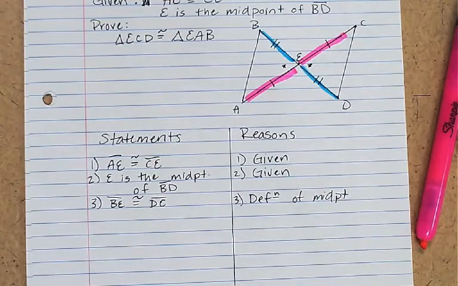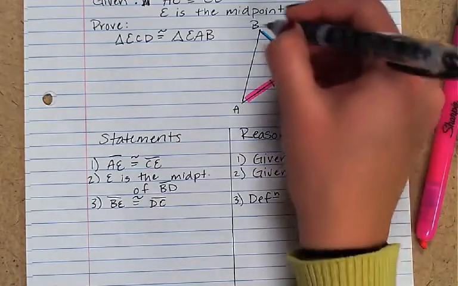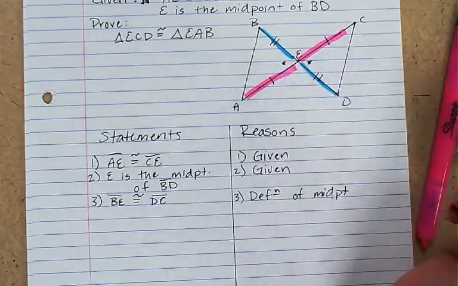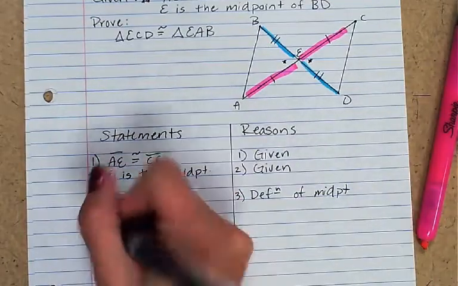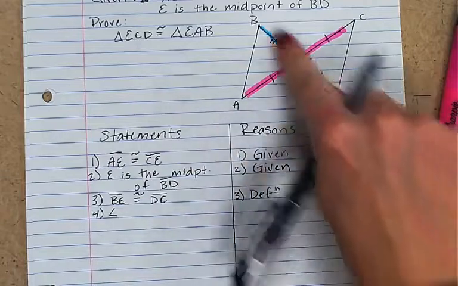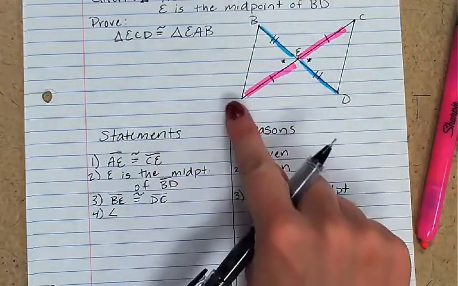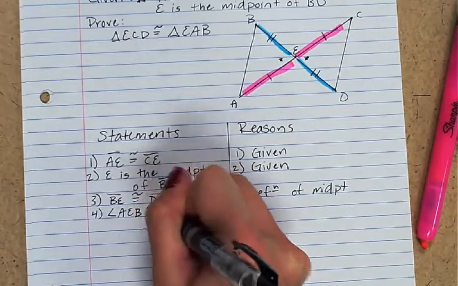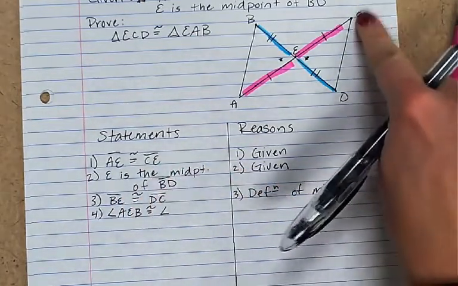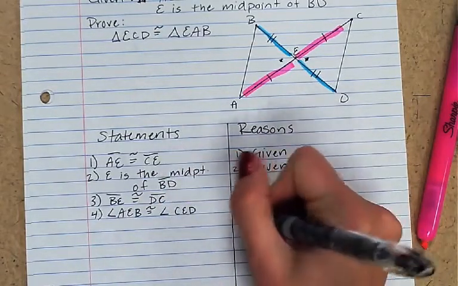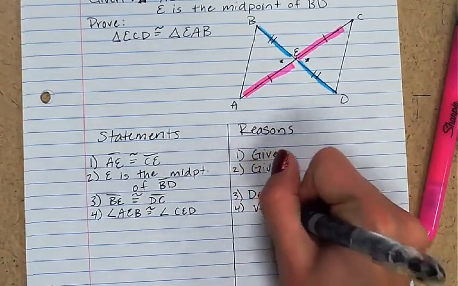The way these pictures are drawn, we can tell that those are vertical angles because BD and AC are perfectly straight lines, and we know that vertical angles are the same. So I can say that angle, remember order matters, so I'm going to go along the pink and then across the blue, AEB is congruent to angle CED, starting at the pink, because they are vertical angles.